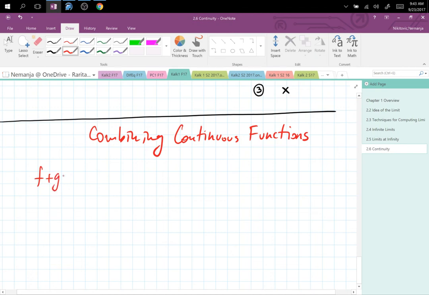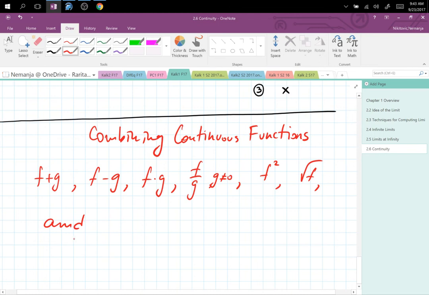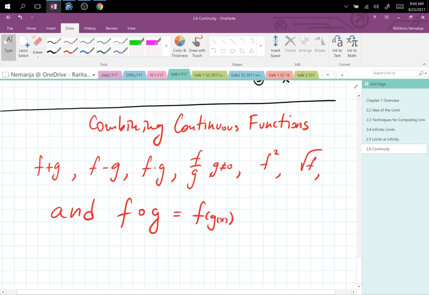We have f plus g is going to be continuous, f minus g is going to be continuous, f times g is going to be continuous, f divided by g, provided that g is different than 0, is going to be continuous, f squared, square root of f, and f composed with g as well, also known as f of g of x. So all of these work.